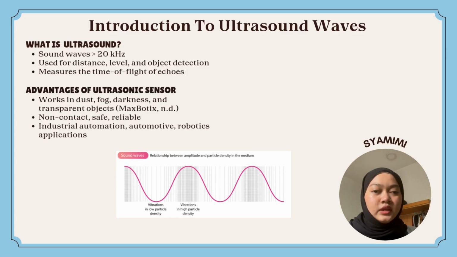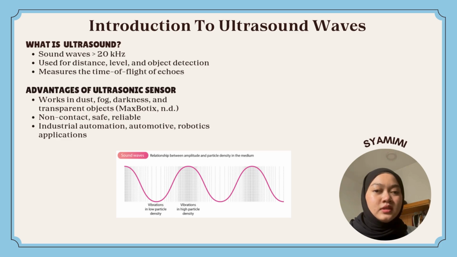One of the key advantages of ultrasonic sensors is their ability to operate in environments that are challenging for other types of sensors. Unlike optical sensors that depend on light, ultrasonic sensors are not affected by dust, fog, darkness, or even transparent objects like glass or clear liquids, max-botics.